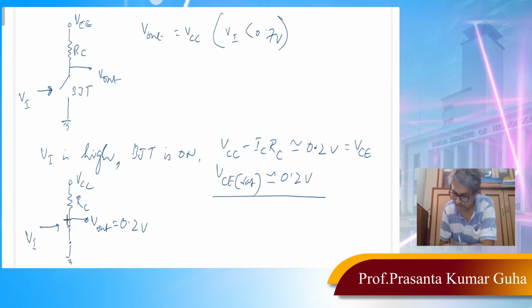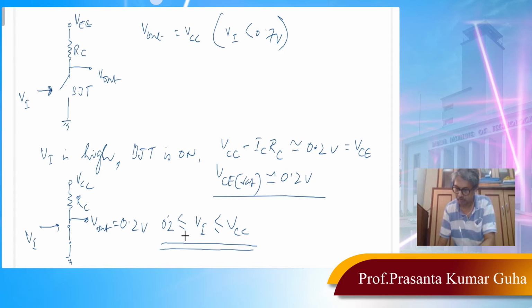So we can draw a transfer characteristic and say that V out between 0.2 volt and VCC, we can say that the BJT is acting in the forward active mode.